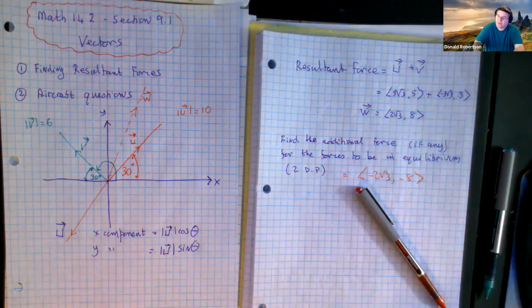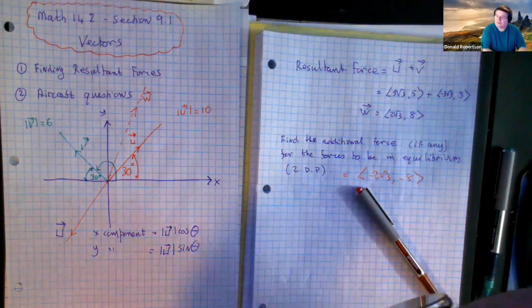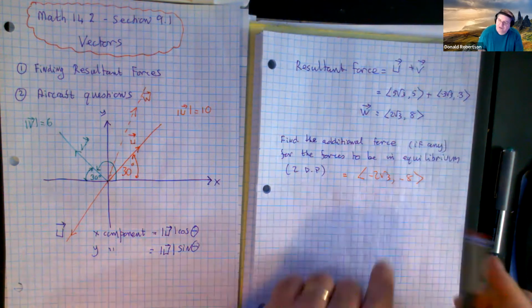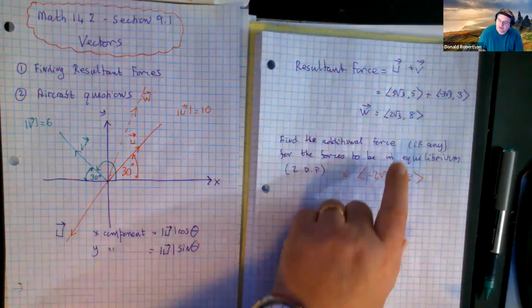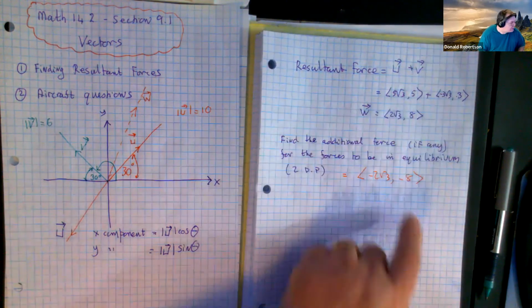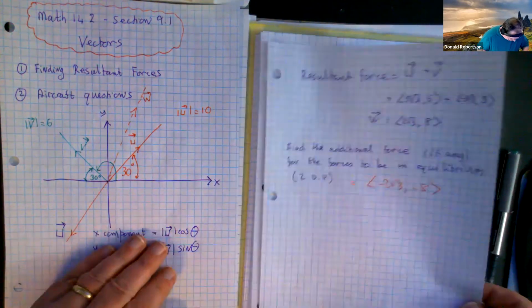The guy trying to pull him up would get balanced by the one who's pulling a lot harder downwards. So equilibrium is when the forces are all balanced. So whatever you get for this answer, if they ask for an equilibrium, just find the negatives of it and you're good. It's easier to talk about that one than it is to do that one.